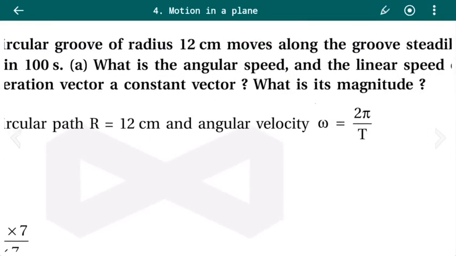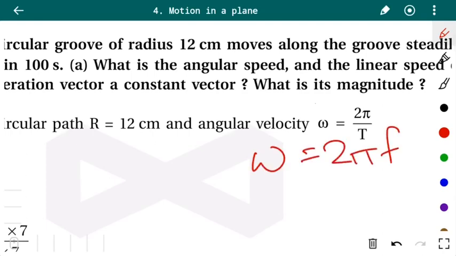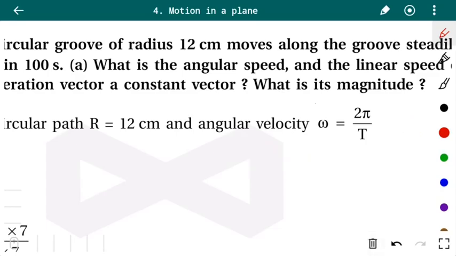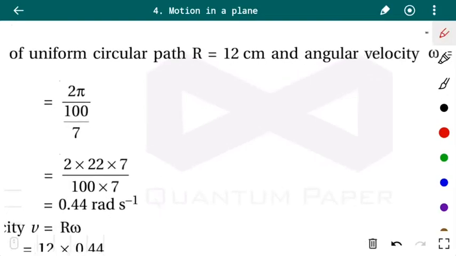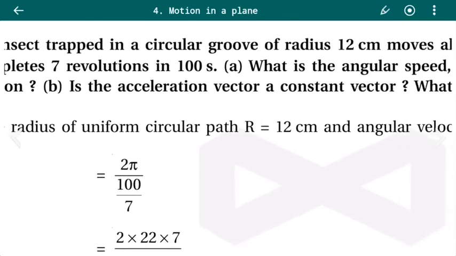So we can write the angular velocity omega is equals to 2 pi f. But here frequency value is not given, so taking f in terms of t, it will be 2 pi into 1 by t, that is 2 pi by t. So 2 pi upon t, periodic time. In the data it is given that it completes 7 revolutions in 100 seconds.